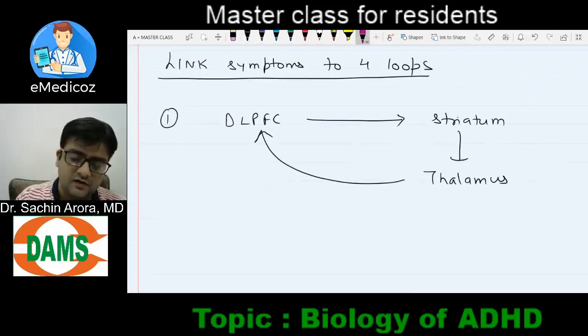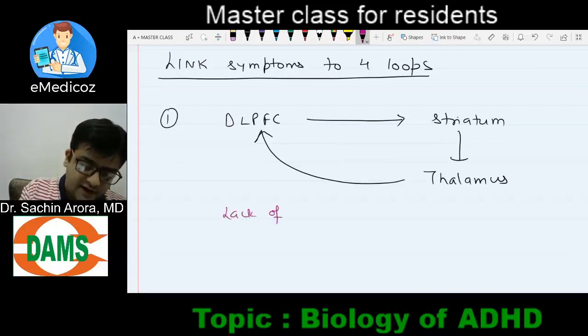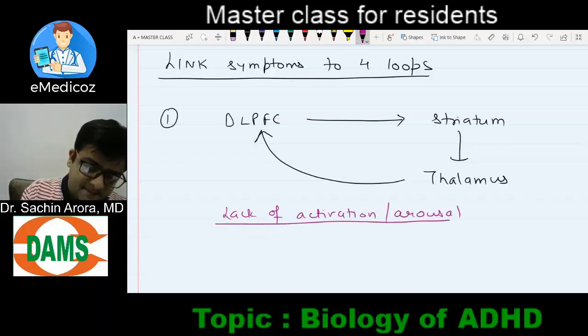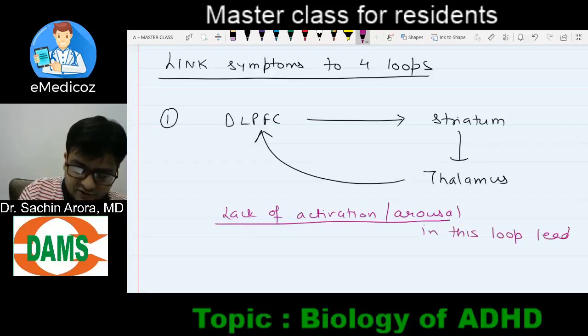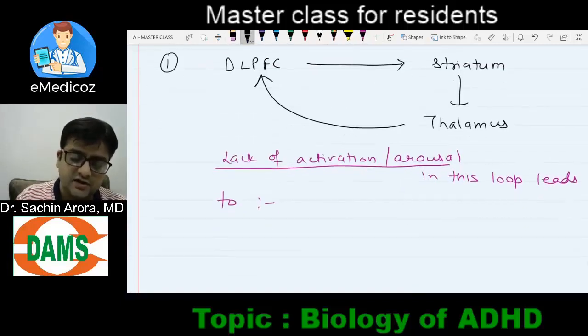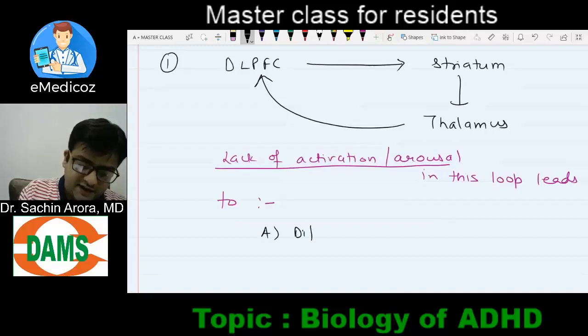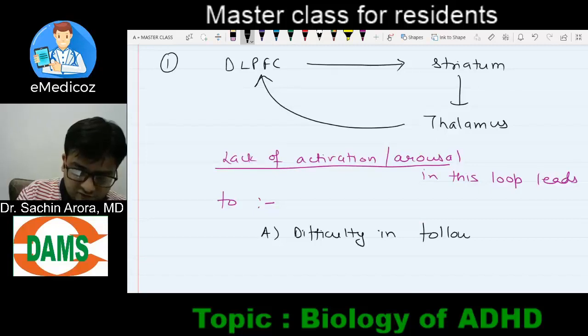Now, lack of activation, or you can call arousal, in this loop leads to which symptom of ADHD? Difficulty in following through or finishing a task.